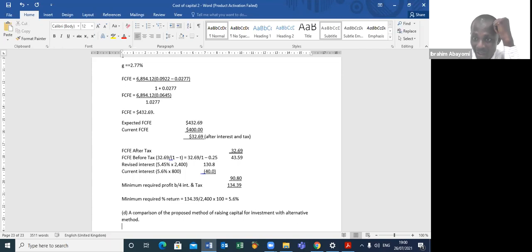Because of the huge amount of money involved in the investment. What you should consider is another way of raising the what? The finance that is similar to what? To bond. That is similar to bond.